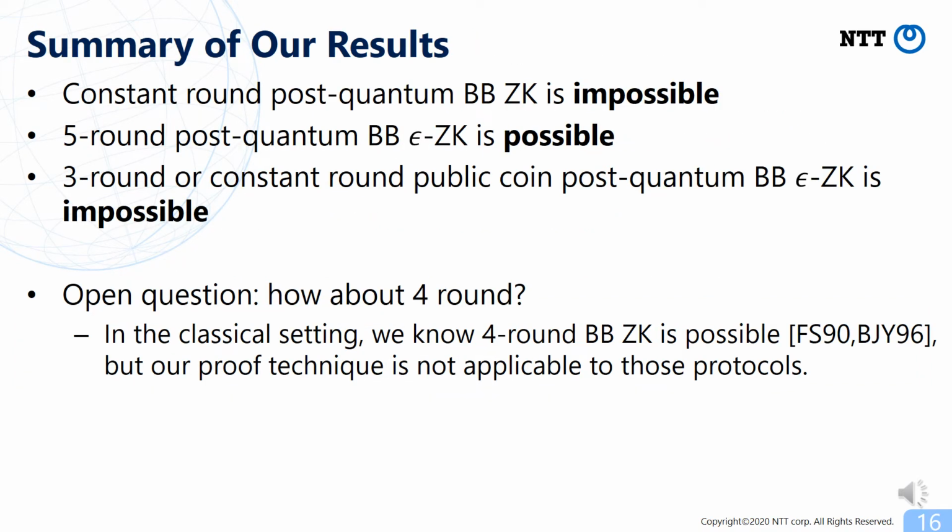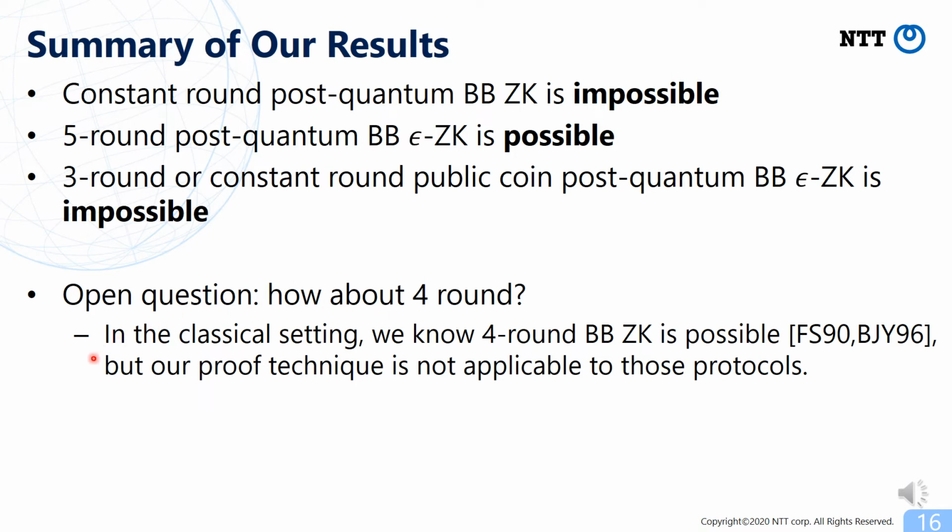So this is the summary of our results. We proved that constant round post-quantum black box zero-knowledge is impossible. On the other hand, we show that 5-round post-quantum black box epsilon zero-knowledge is possible. On the other hand, 3-round or constant round public coin post-quantum black box epsilon zero-knowledge is impossible. And then the natural open question is, how about 4-round?